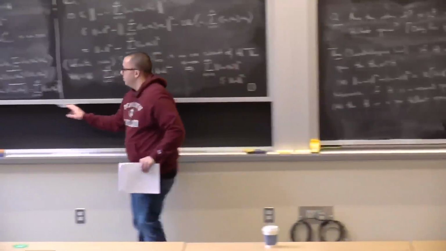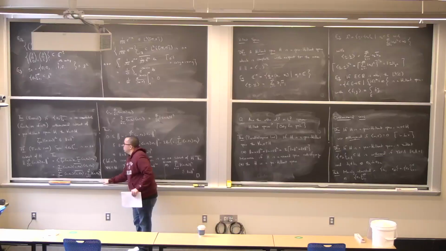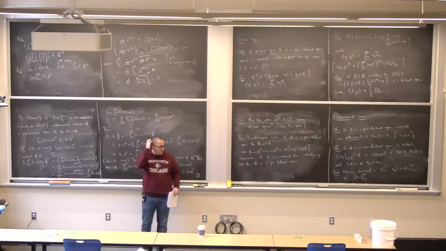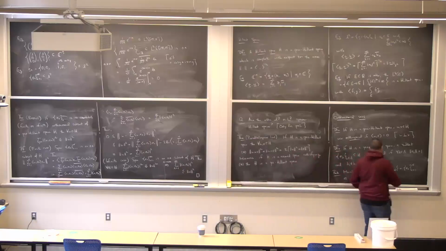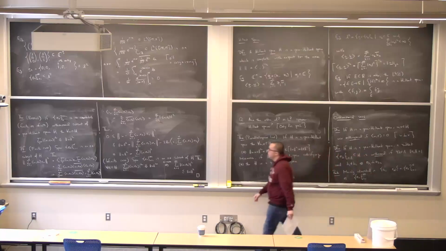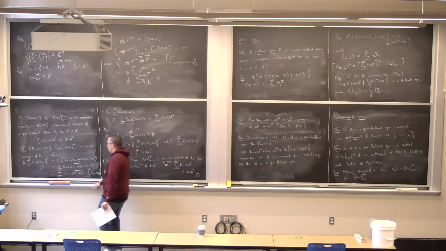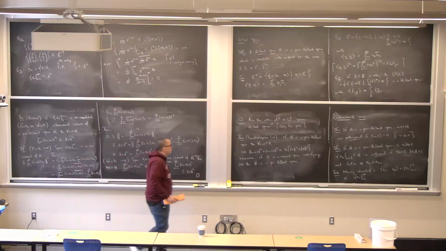Okay, so orthonormal subsets we can define as a collection of vectors that have unit length and are mutually orthogonal to each other.